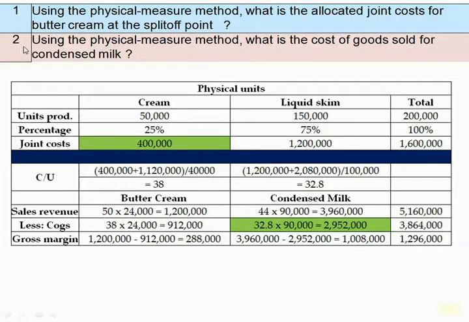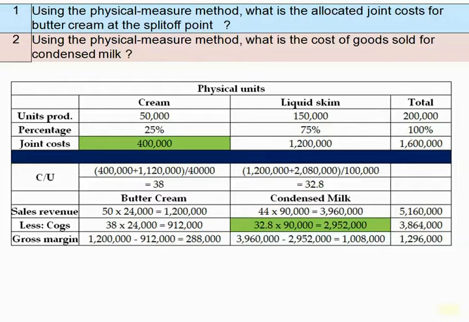Requirement number 2, using the physical measure method, what is the cost of goods sold for condensed milk? First, we need to calculate cost per unit. Cost per unit will equal total costs divided by number of units produced.